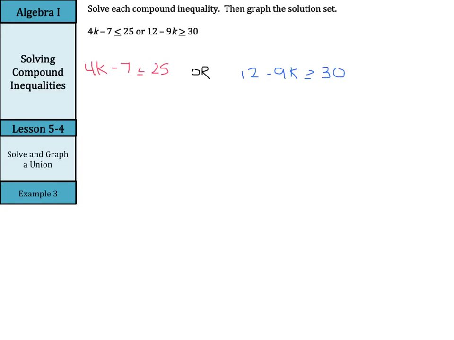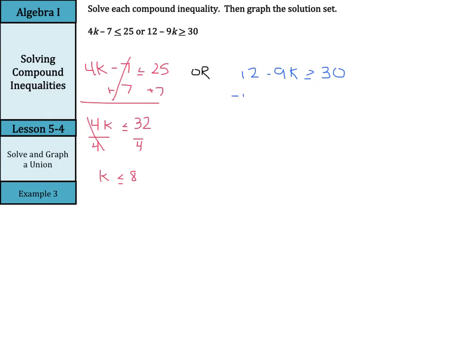Let's solve each inequality independently. Let's add 7 to both sides. We're left with 4k is less than or equal to 32. Divide by 4, divide by 4, and k is less than or equal to 8 is an option.